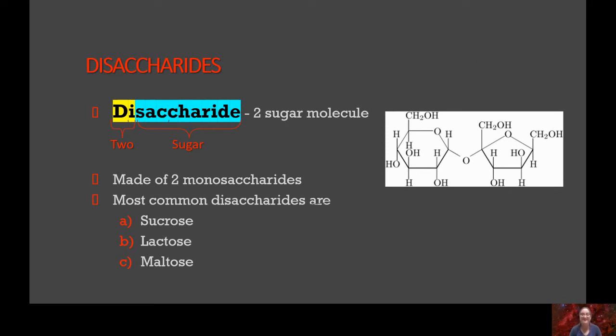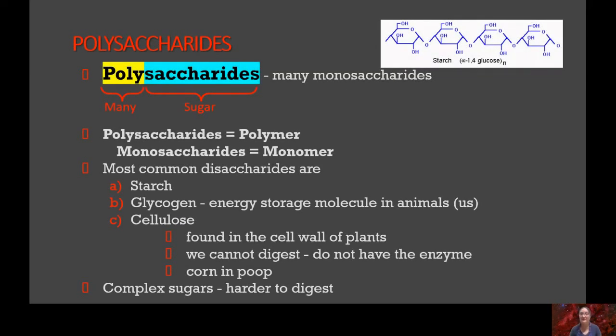So some of those you may be familiar with, some of them you may not, but they're all still sugars. They're just more complicated sugars. And if you have more than two together, you have a polysaccharide. So this is the polymer of your carbohydrates. Many sugars, many saccharides, right?